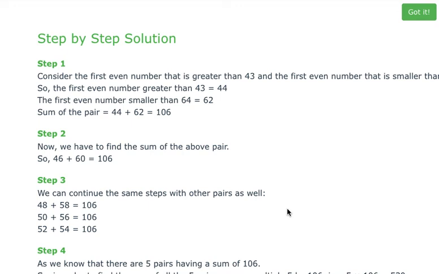So you add both of them. Their answer is 106. Now we have to find the sum of the above pair. So basically we pair, and each pair has the sum 106. And we'll find out the total number of pairs.